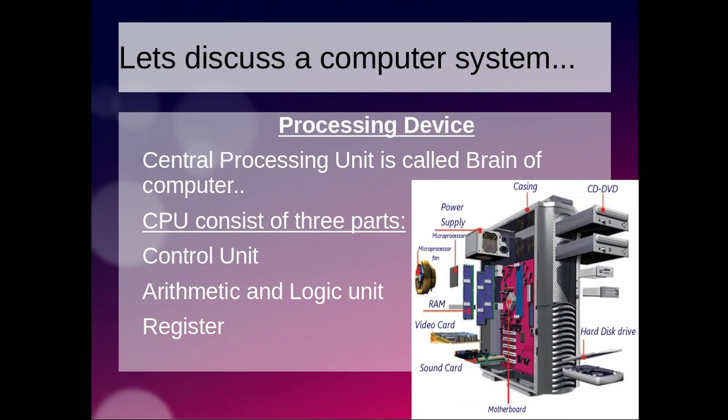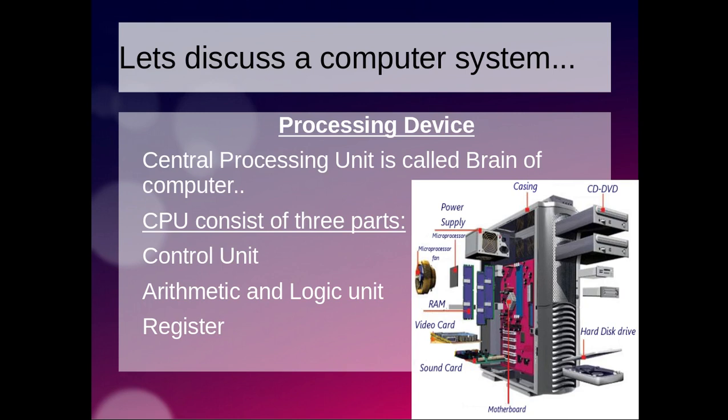It is the main processing device of the computer system. The CPU is also known as system unit. It is also called the brain of the computer. It carries out all the calculations and other operations.